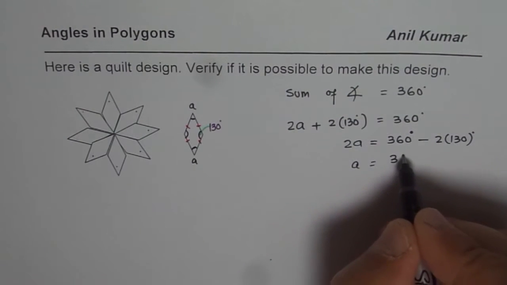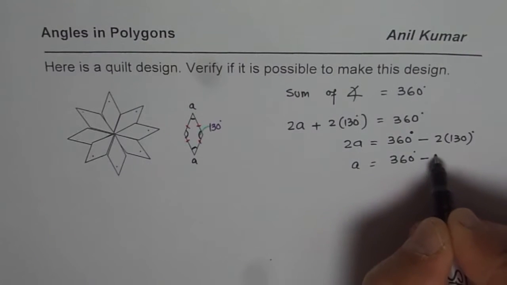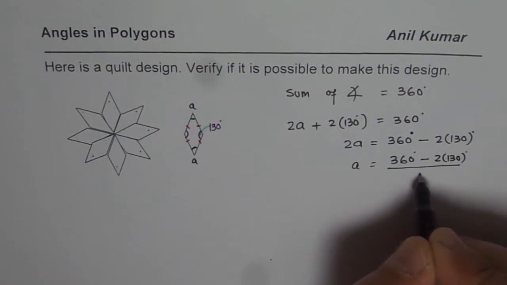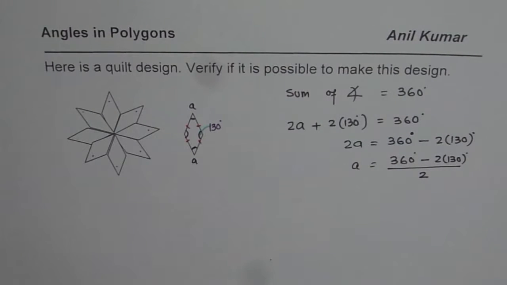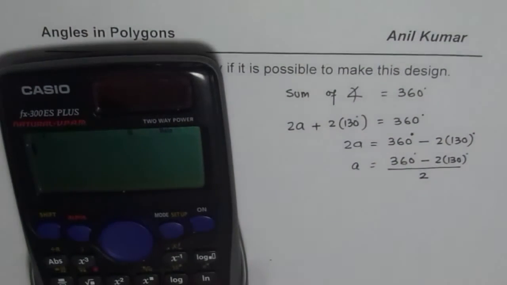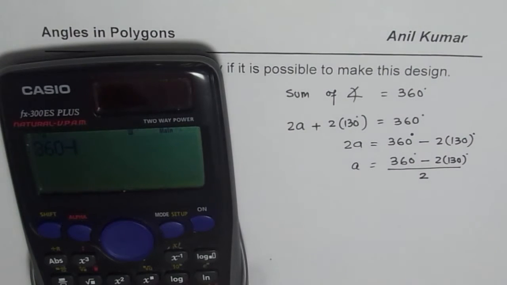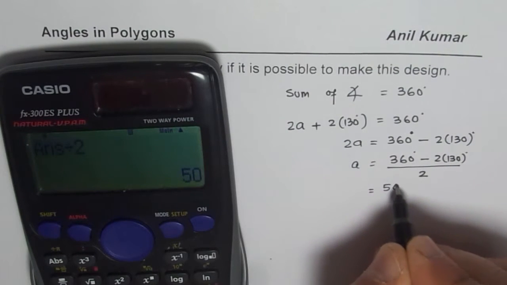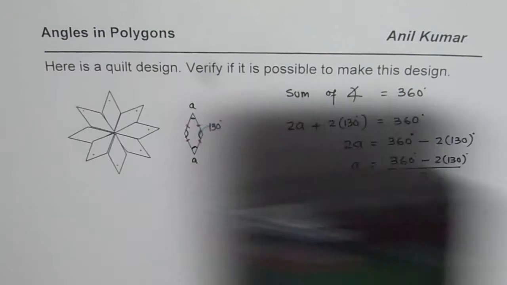So A equals 360 degrees minus 2 times 130 degrees, divided by 2. So let us use the calculator and find our answer. 360 minus 2 times 130, divided by 2 equals 50. So we get each angle A as 50 degrees.